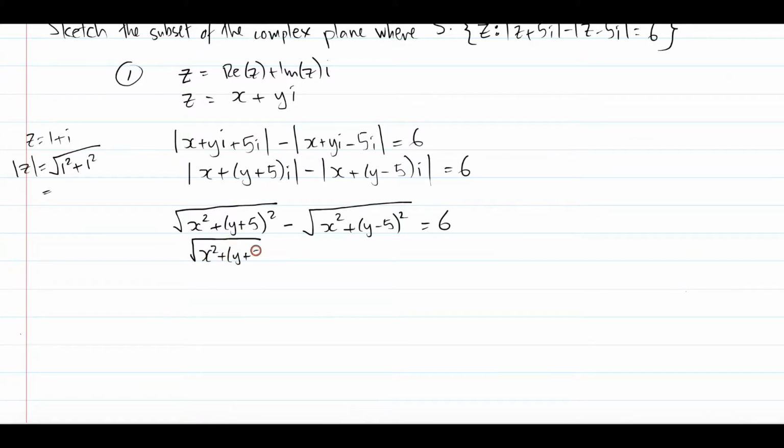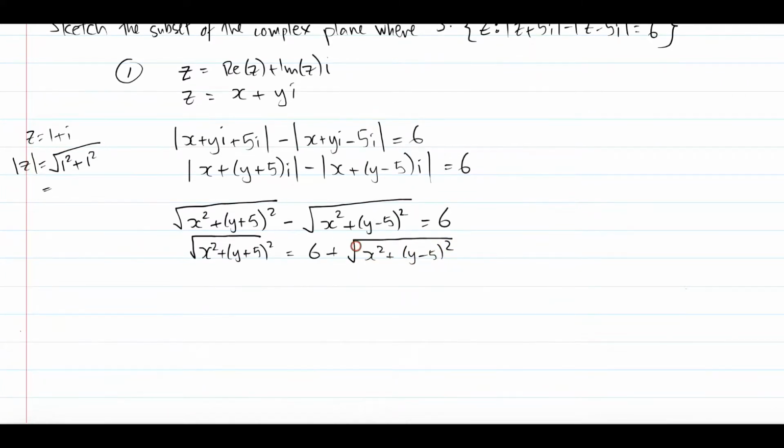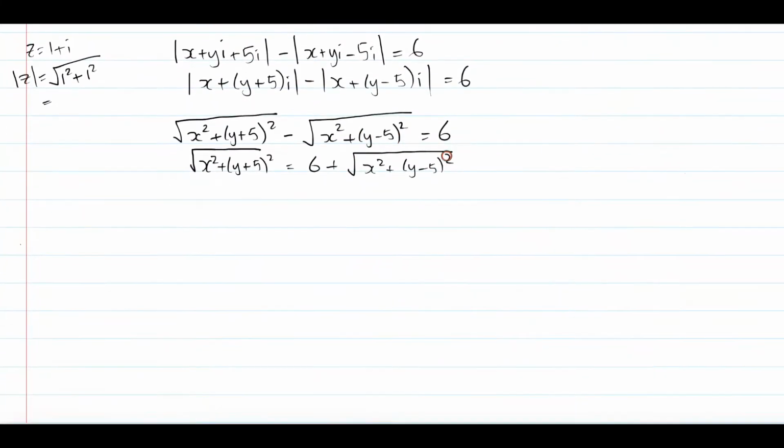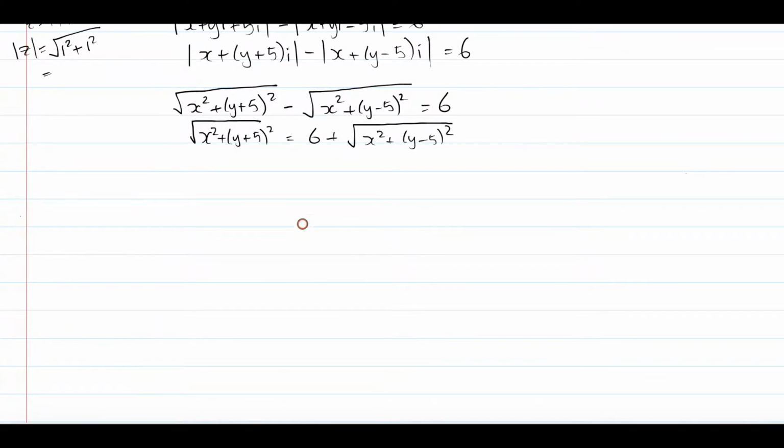So the square root of (x squared + (y + 5) squared) equals 6 plus the square root of (x squared + (y - 5) squared). Okay, so we shifted that term over to the right-hand side, and we just keep doing our algebra.